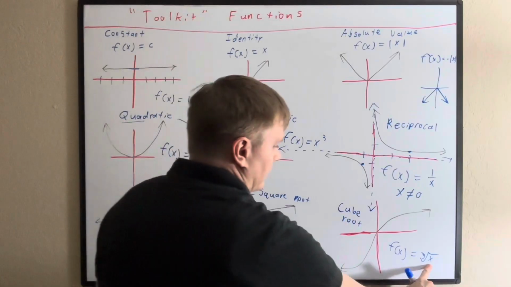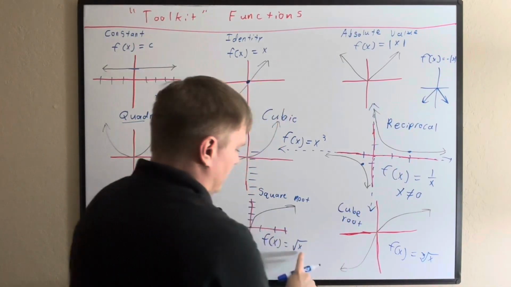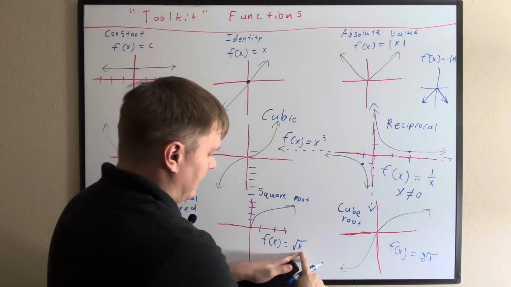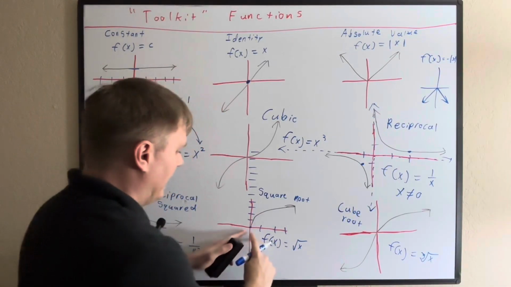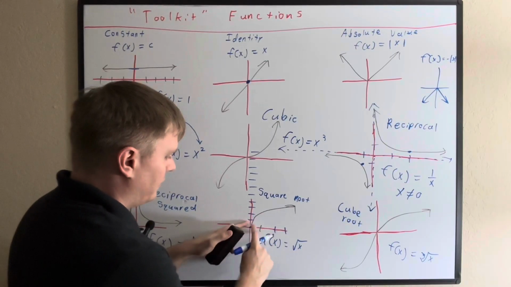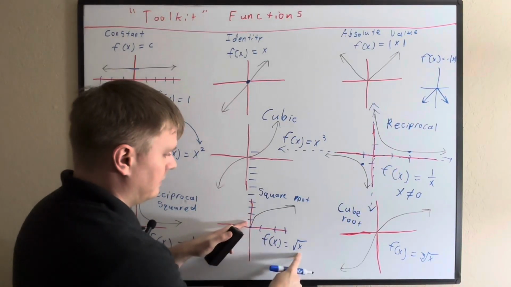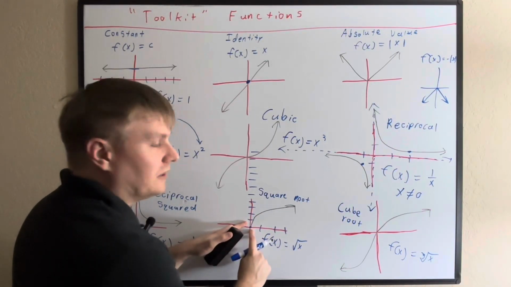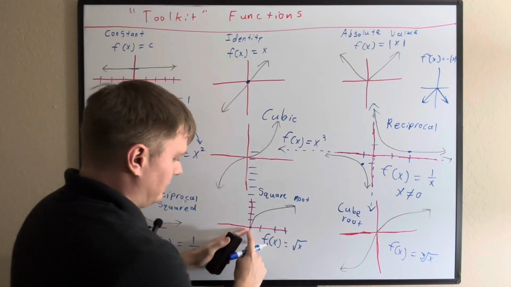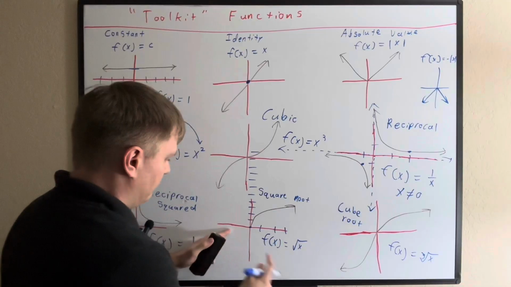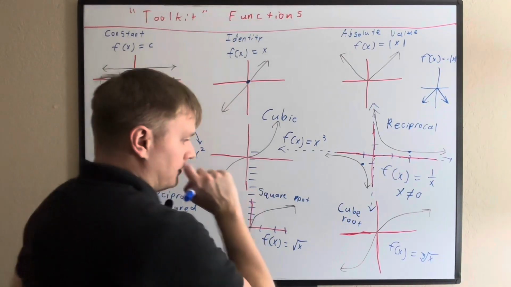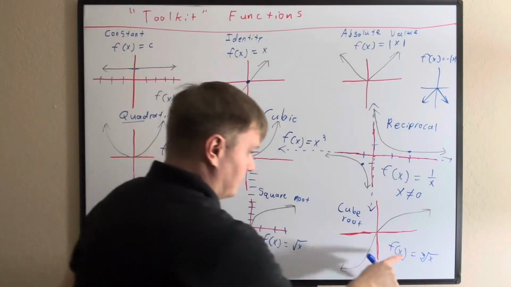Now, see the difference here? If your input is negative, what happens? Imaginary numbers happen. That's why this graph stops at the origin. X equals 0, output is 0. X goes negative, nothing happens. There's nothing there. It's imaginary numbers. Cube root doesn't do that.